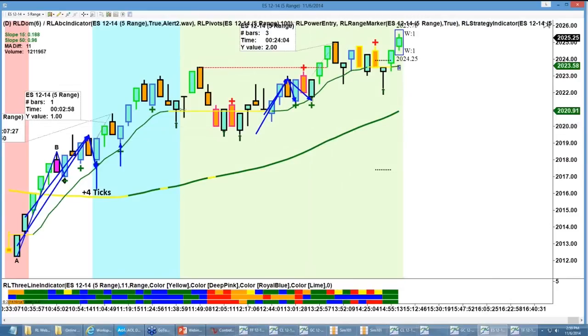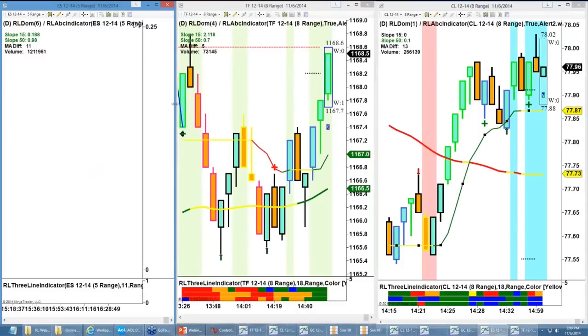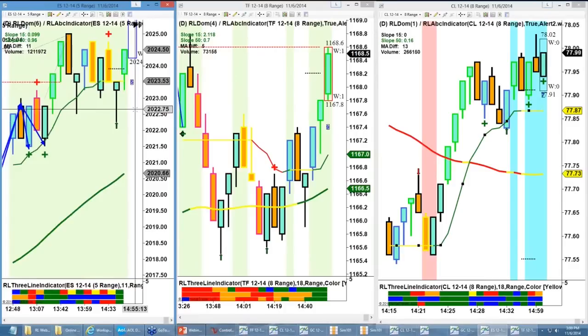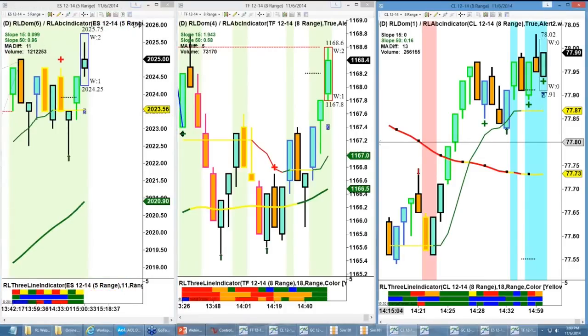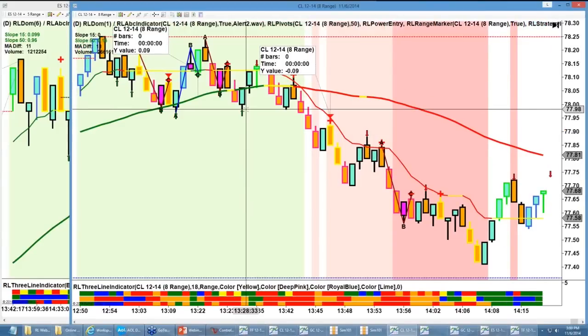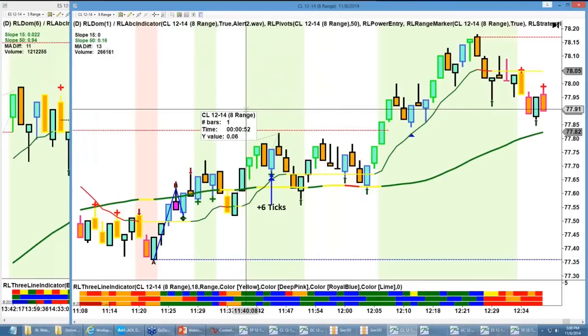Let's take a look at crude oil. And now you can use this on any market, any time frame. It works on tick, it works on time, it works on Renko. It doesn't make any difference at all. Okay.